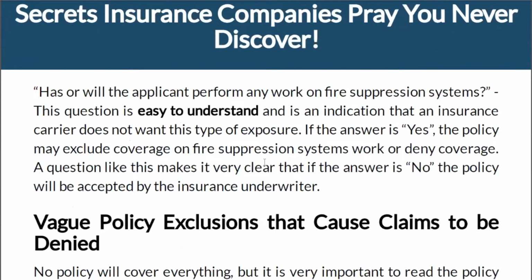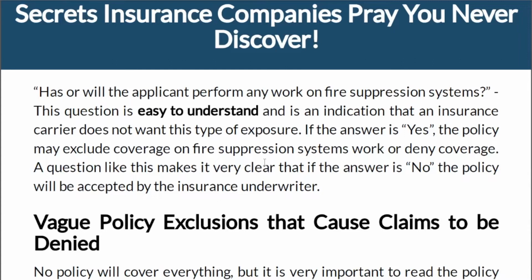There's another one from HCC, my favorite carrier to work with: "Has or will the applicant perform any work on fire suppression systems?" This question is easy to understand, and it is an indication that an insurance carrier does not want this type of exposure. Fire suppression is one of the toughest risks in construction, so they're making it very clear that the answer has to be no. They don't want this type of work.